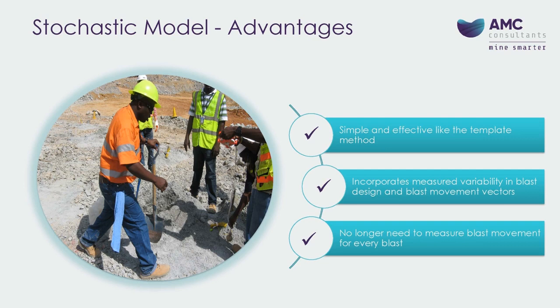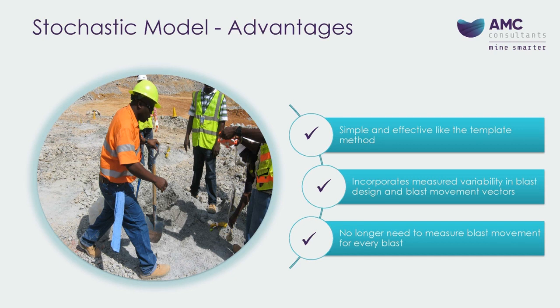Okay, so what are the advantages of this model? Well, I hope I showed that it's pretty simple and effective to use in a way similar to the template method, but a whole lot smarter. It incorporates some measured variability in the blast design and the blast movement vectors, and it alleviates the need to measure blast movement for every blast.